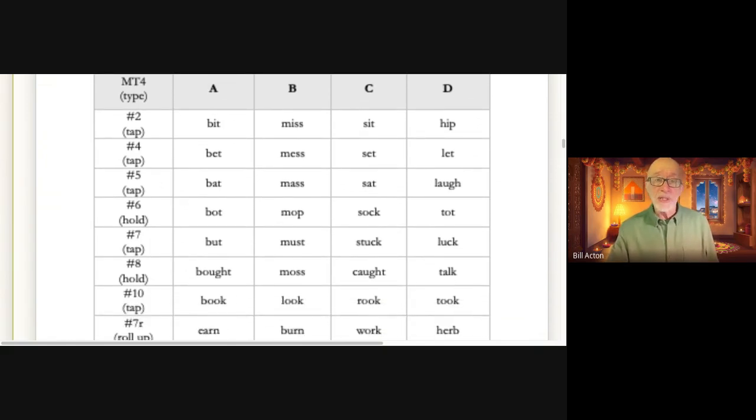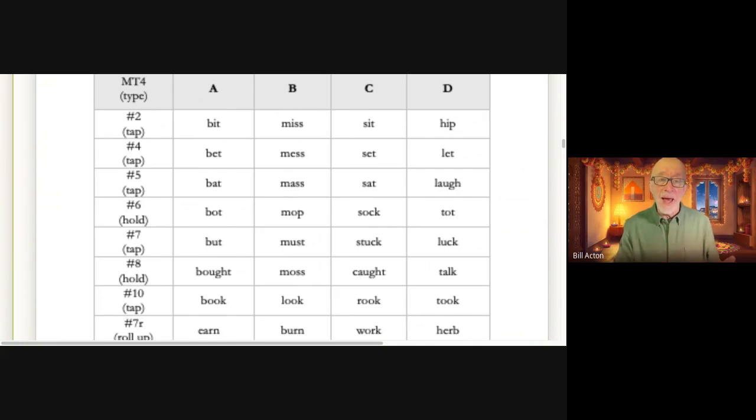Go all the way through it, each one, just what we did. So you do vowel 2, you've got bit, miss, sit, tip, it. Same thing if you've got bet. So at 4, bet, and the other 4 words. Then you've got bat down at vowel 5, bat.